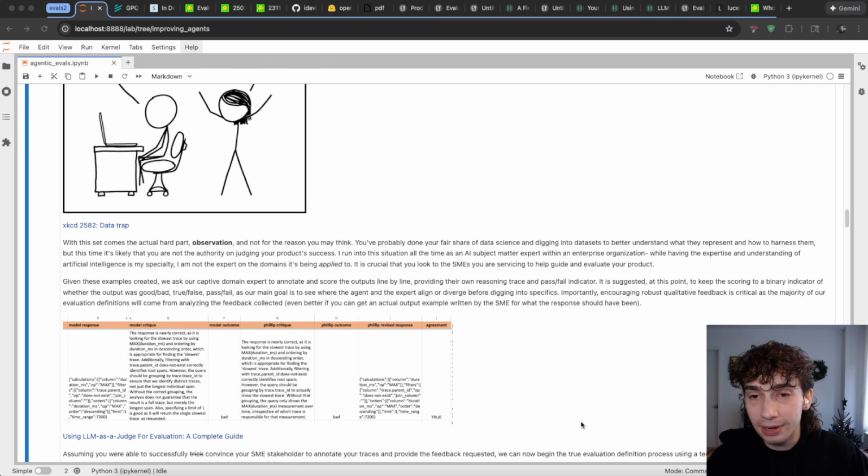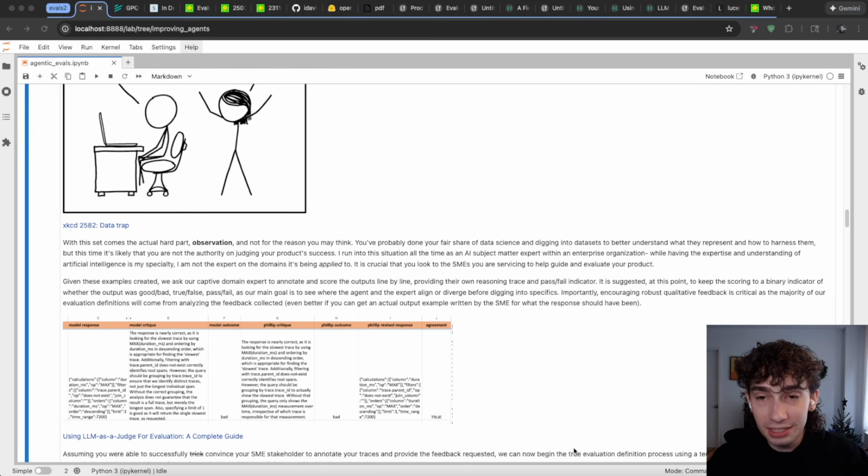I myself operate as more of an AI specialist within a larger organization, and so my specialty is, of course, the AI side of things, applying and understanding and being able to help the organization with all of that. I am not, however, the expert in the domains that I am applying a lot of this artificial intelligence to. That is where we must rely on a third-party subject matter expert to get their professional opinion.